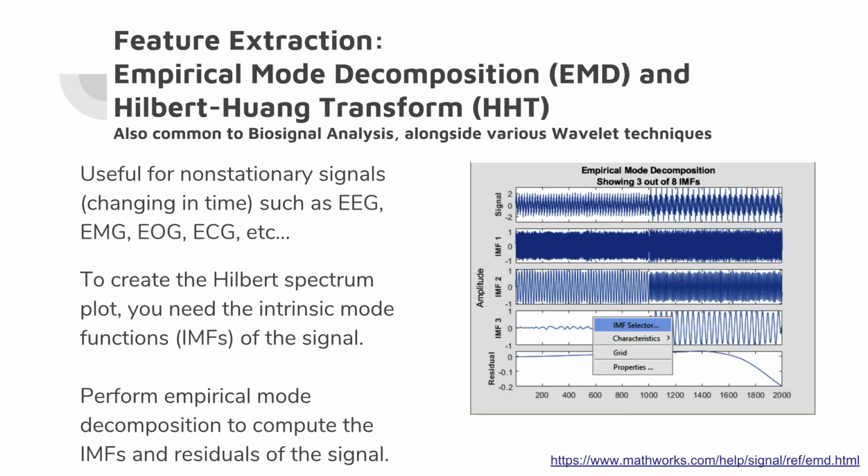Moving onward, I'm going to talk about empirical mode decomposition. In general, your signal can be comprised of a number of smaller signals all combined together, and this can be described as what are called intrinsic mode functions, or IMFs. You can use empirical mode decomposition to tear your signal apart into these IMFs, and they can be used to get information about how your signal's frequency content changes with time.